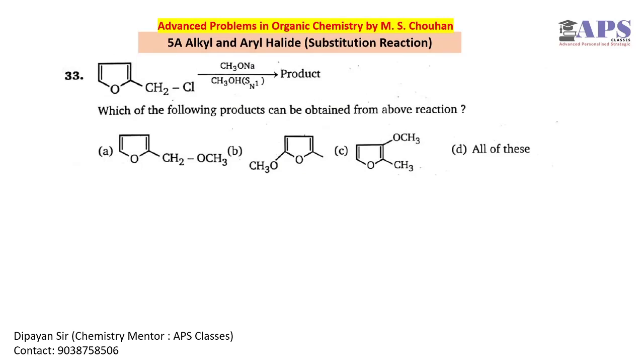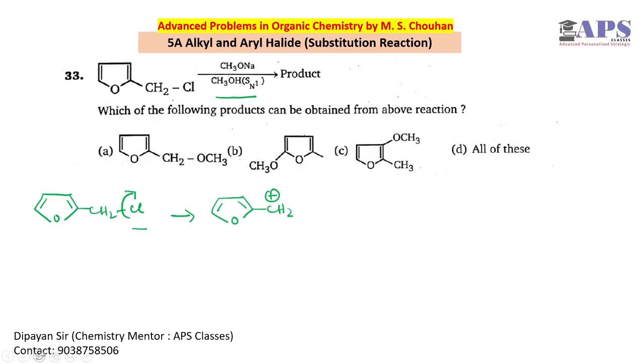Question number 33. This is a very interesting question because we have to perform an SN1 reaction, and as we all know that in an SN1 reaction we have a carbocation. So if we start with this kind of molecule, after elimination of the leaving group, because Cl is the leaving group here, we will have this carbocation.